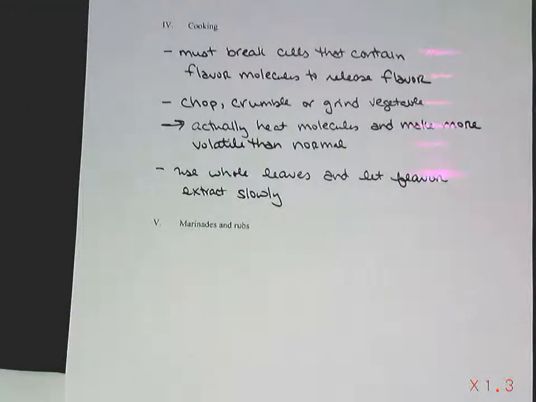And once the flavor has gotten out of its original molecule, it's then available to react with the food molecule and give its flavor to the food. Let's see what else.